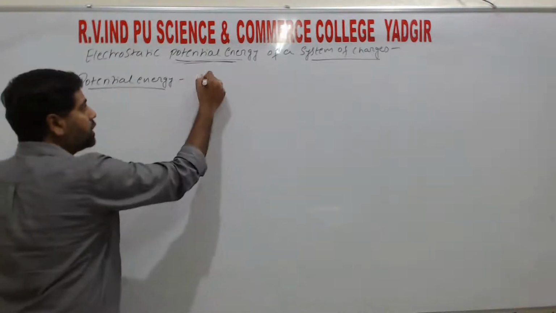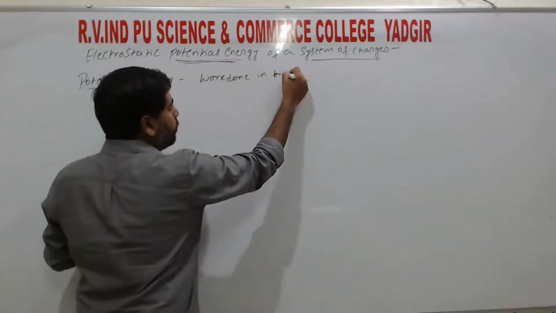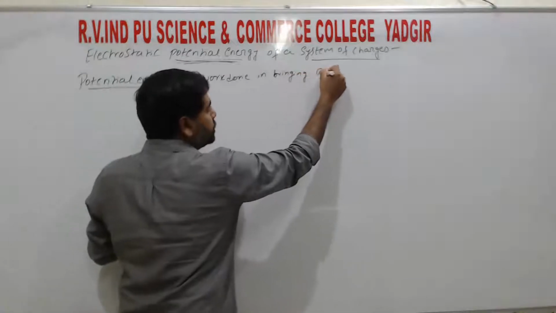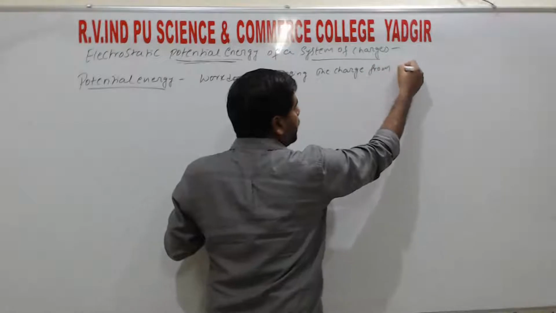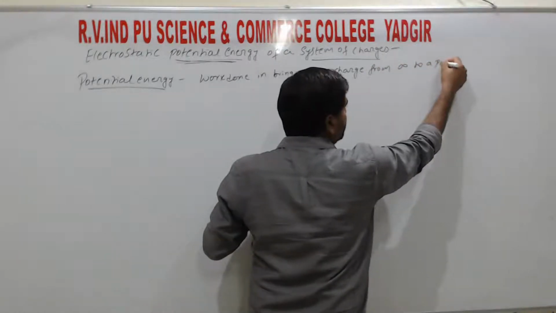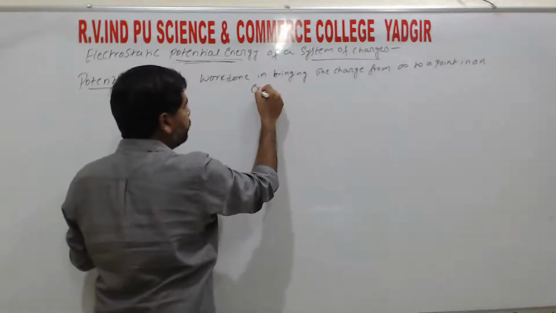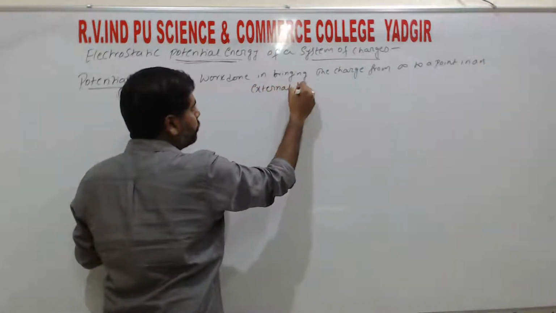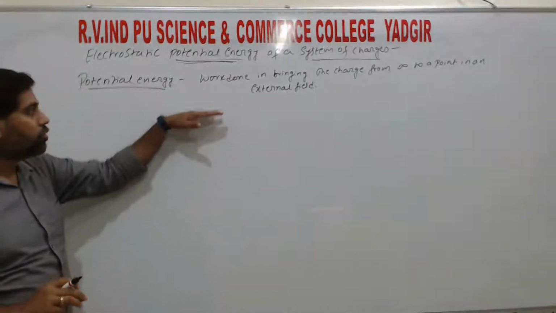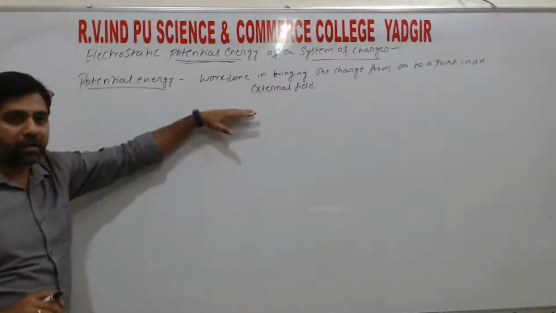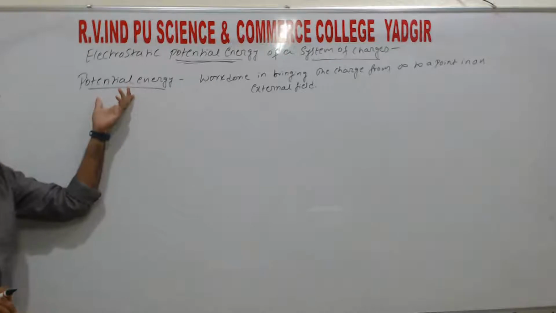That is the work done in bringing the charge from infinity to a point in an external field. So when we bring a charge in an external field, we are bringing the charge against the external field, so there is a work done. That work done we call the potential energy.